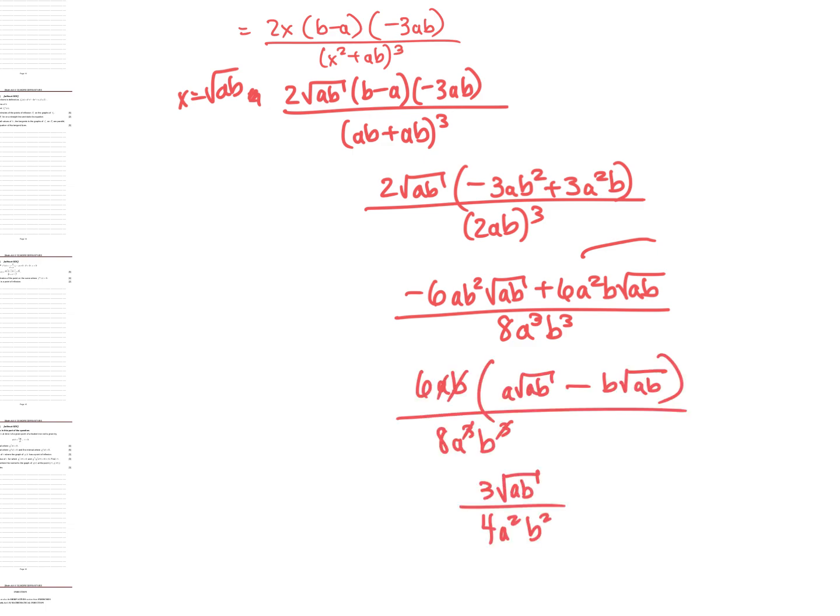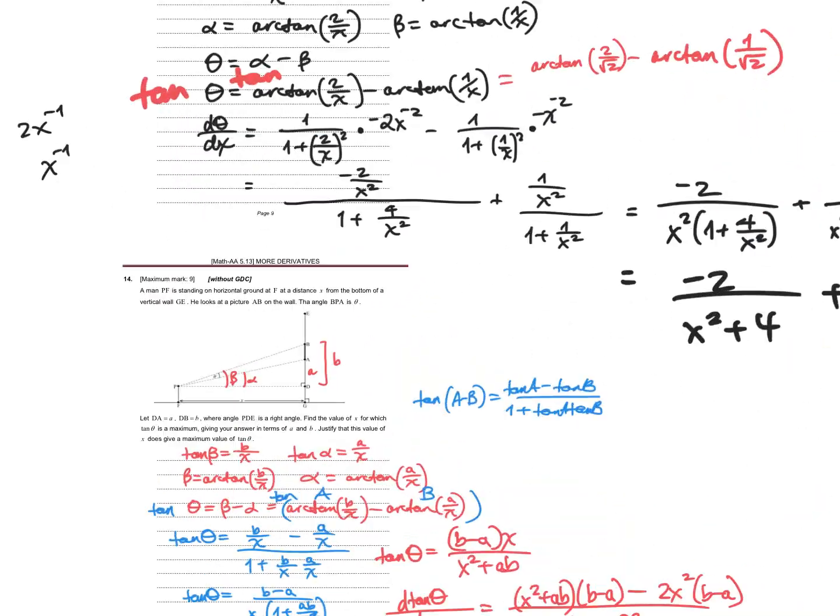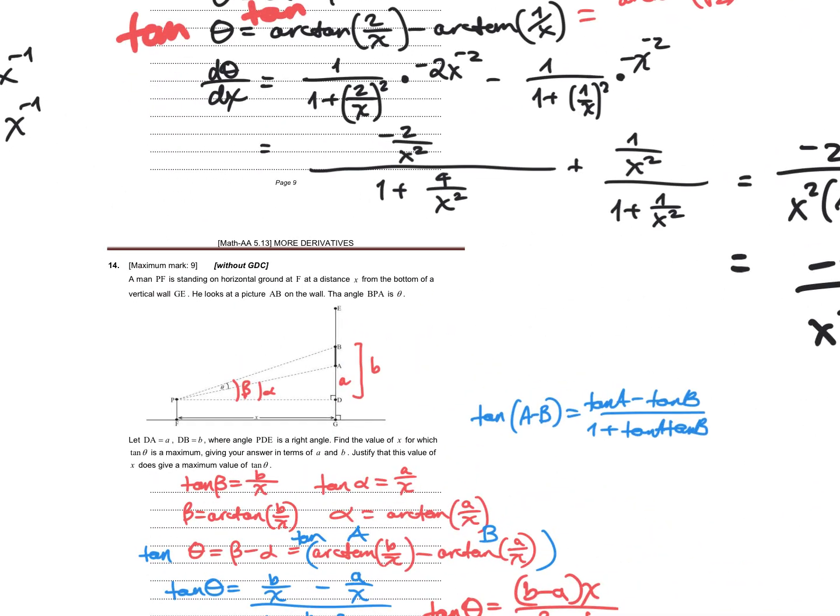Take this square root of ab out, and this is a minus b. Okay, so this is positive because it's a square root. This is positive because it's squared. This is positive. But a minus b, remember all the way up here, see how a is less than b.